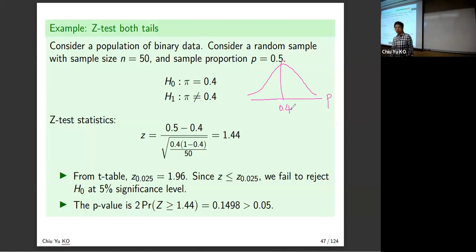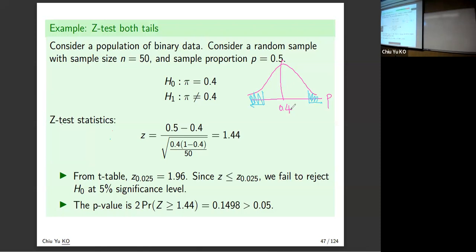If it is too large or too little compared to 0.4, then you should favor X1. So the idea is, if we land somewhere from here onward, and somewhere onward on the other side, then we would be in favor of X1 compared to X0.